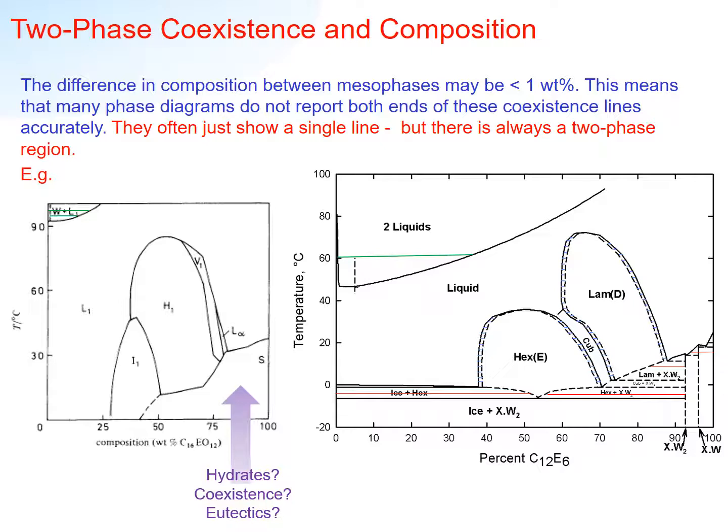And then these single lines showing the boundaries that are actually coexistences between the liquid phase L1 and the cubic phase H1, between the liquid phase L1 and the hexagonal phase H1, between the cubic phase H1 and the hexagonal phase H1, etc. Each one of these boundaries is actually a coexistence region of a finite width, a finite composition difference. Okay? But often the data simply doesn't allow you to resolve that.